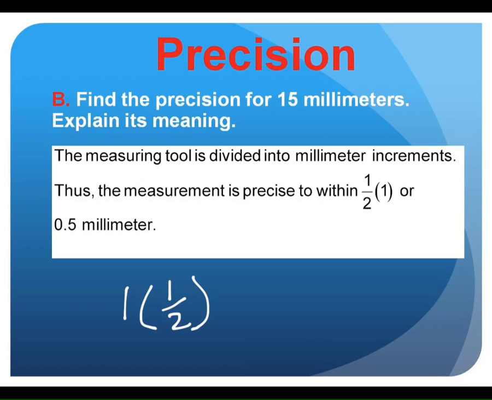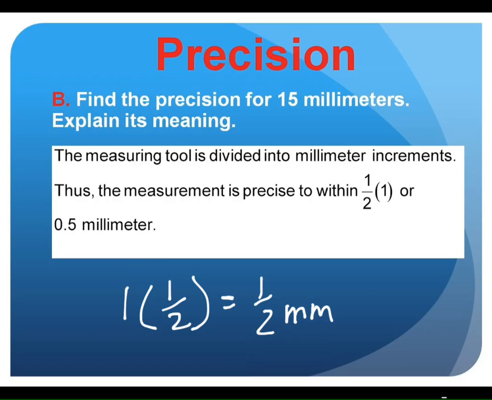Always. Well, 1 times 1/2 is 1/2, right? So our measurement is going to be precise within 1/2 of a millimeter. That's how we get precision. We always take the smallest unit and multiply by 1/2. So the precision is 1/2 of a millimeter for this measurement.